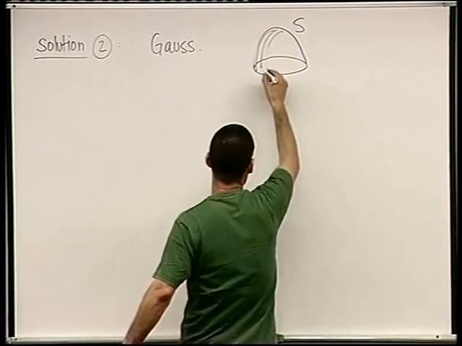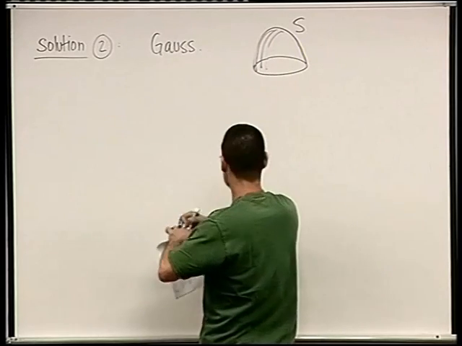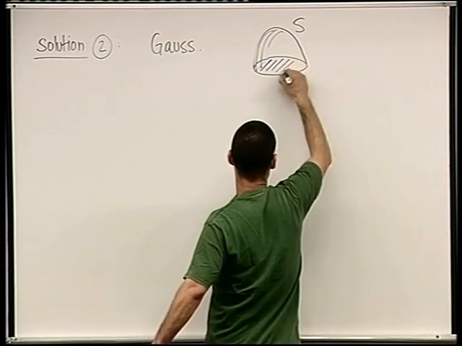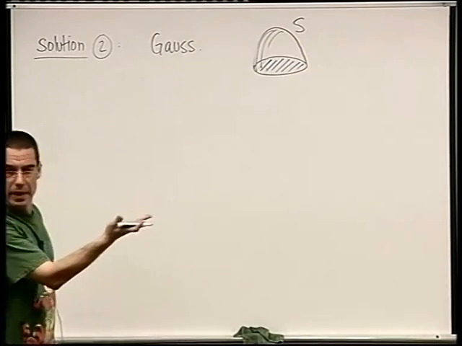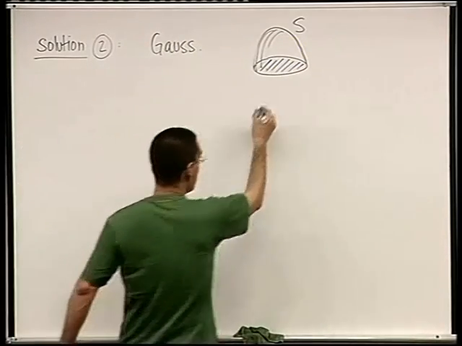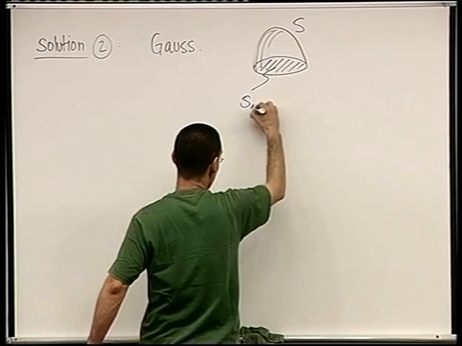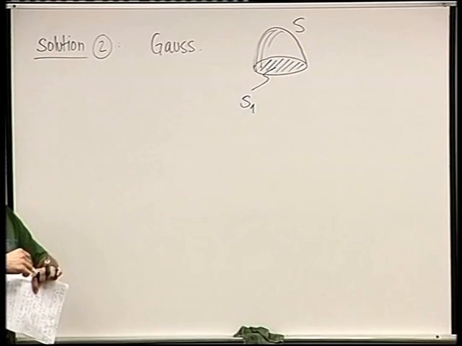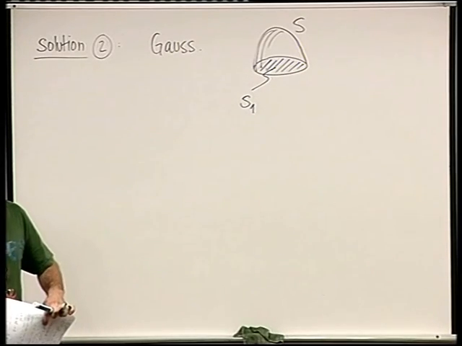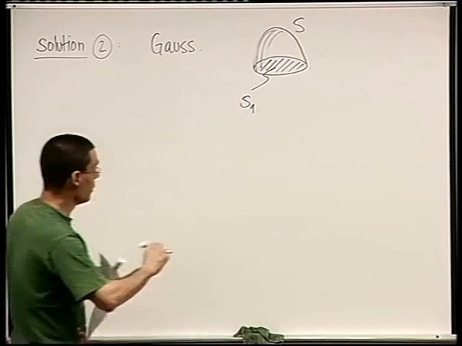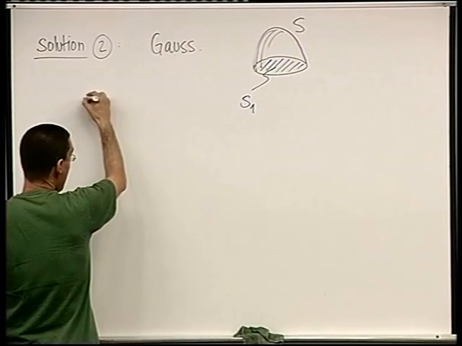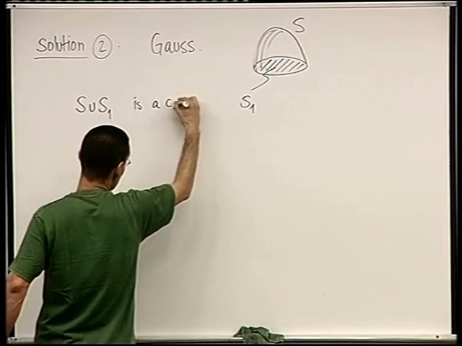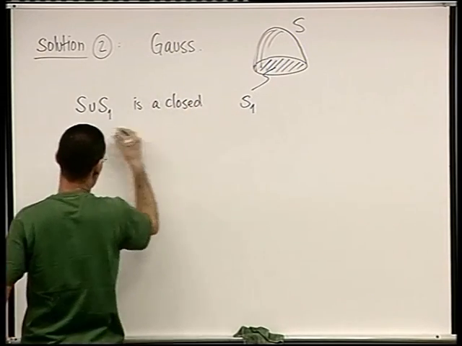How do I close it? I'm going to add down here the disk in the xy plane from the bottom. Let's call this disk S1. And when I add S1, what I get is a closed surface. Do you agree? Okay, now it's closed. So S union with S1 is a closed surface.